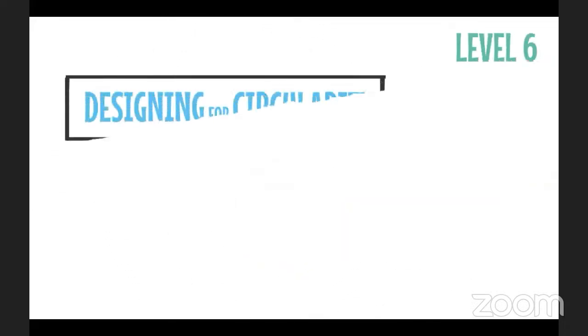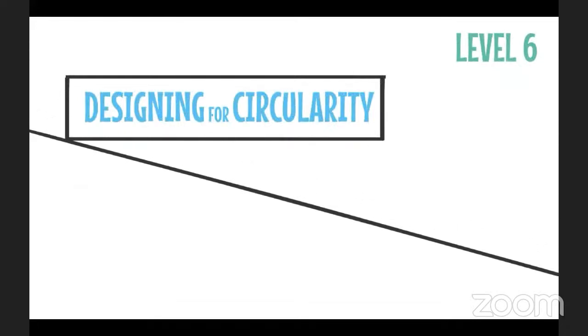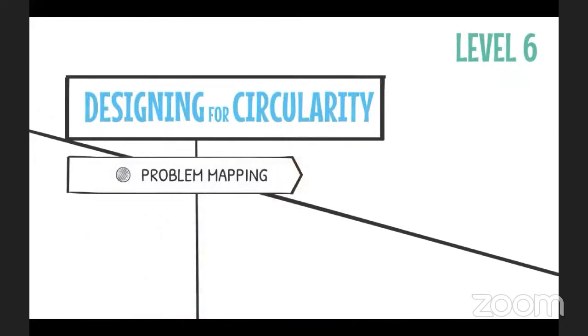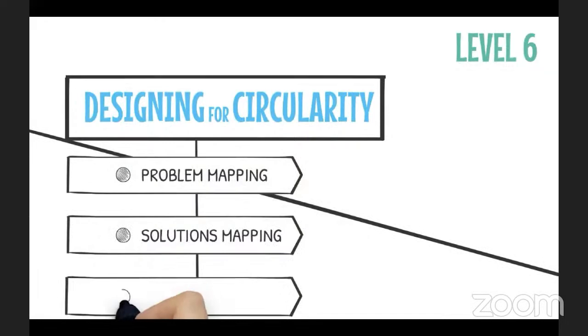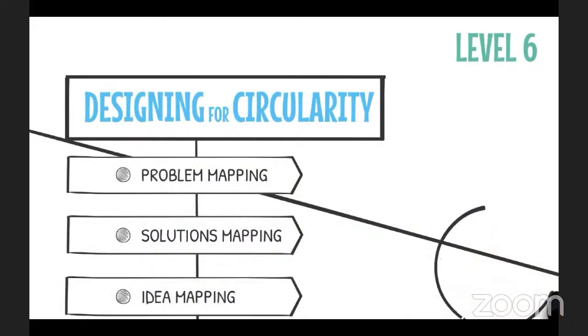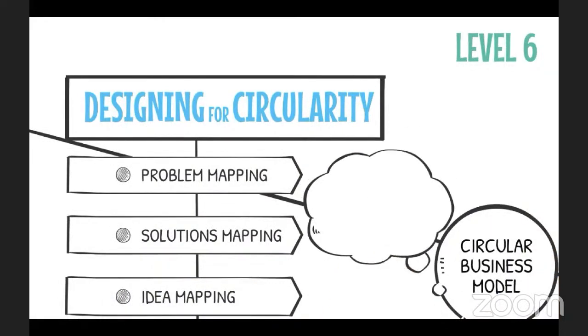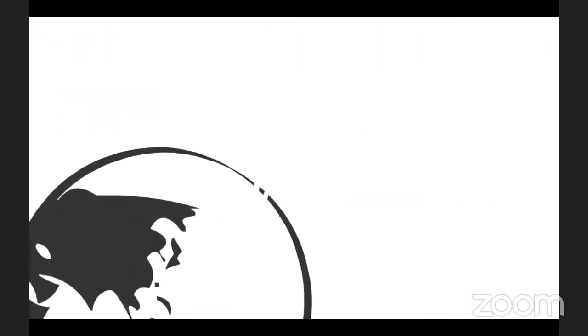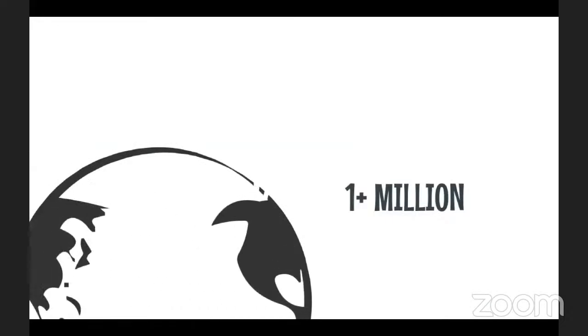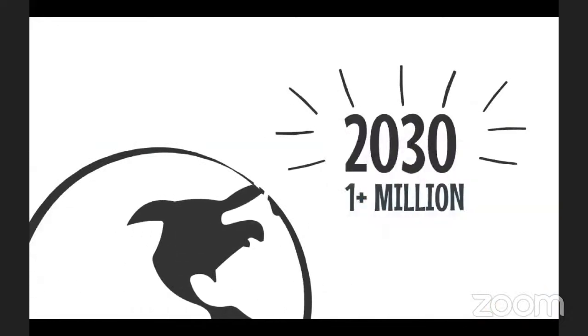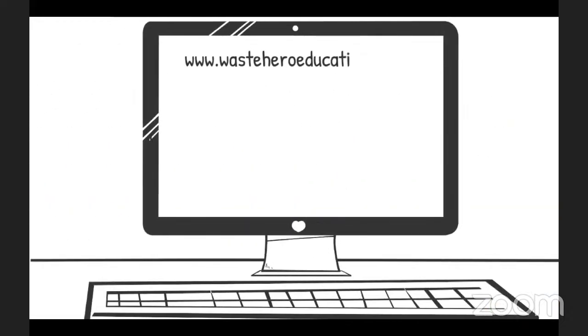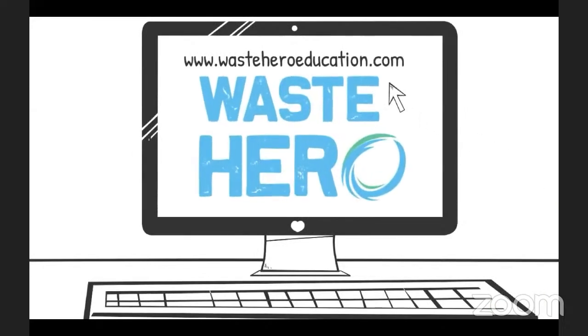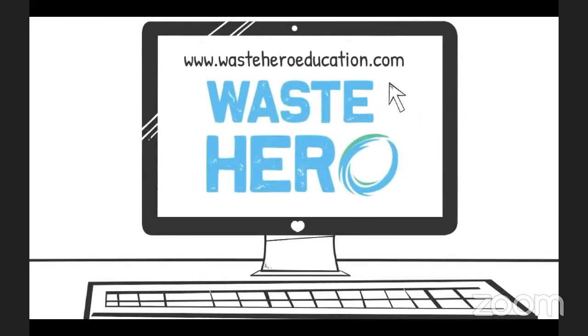Level 6 workshops introduce design thinking and tools to help students identify problems and solutions, map ideas, and develop a business idea or community project to solve a waste-related problem. Waste Hero Education aims to educate 1 million young people on these core issues by 2030. Visit wasteheroeducation.com and begin helping your students become future waste heroes.